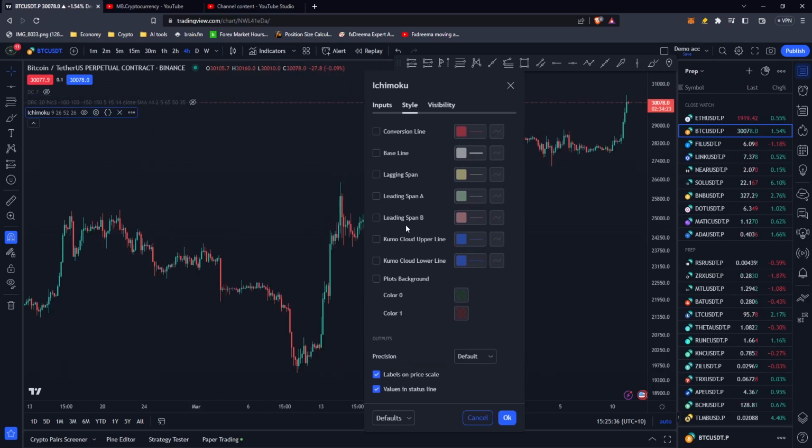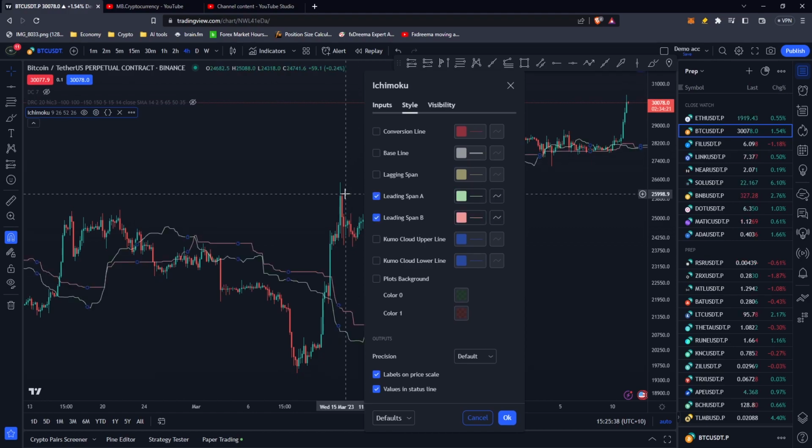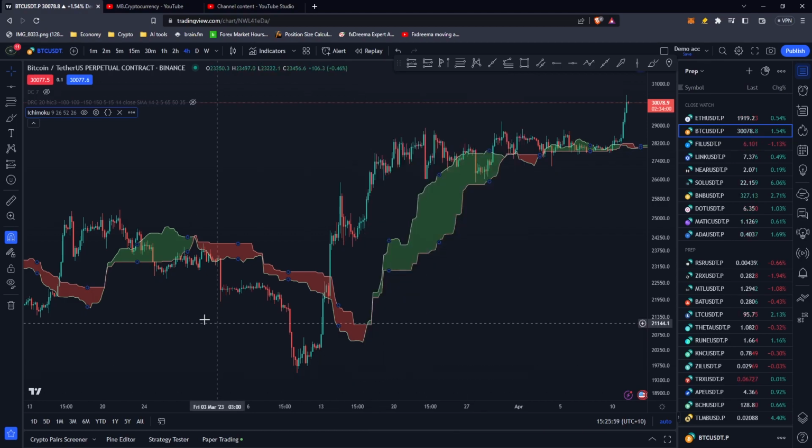The next part that I'm going to talk about, before I explain what leading span A or leading span B are, I just want to talk about the background, which is the cloud itself. So we have two lines, which I'll explain shortly, leading span A and leading span B. Whenever leading span A is above leading span B, the cloud is green.